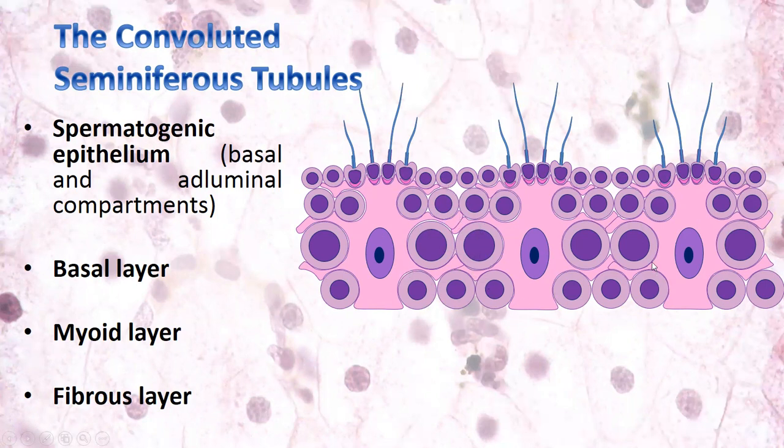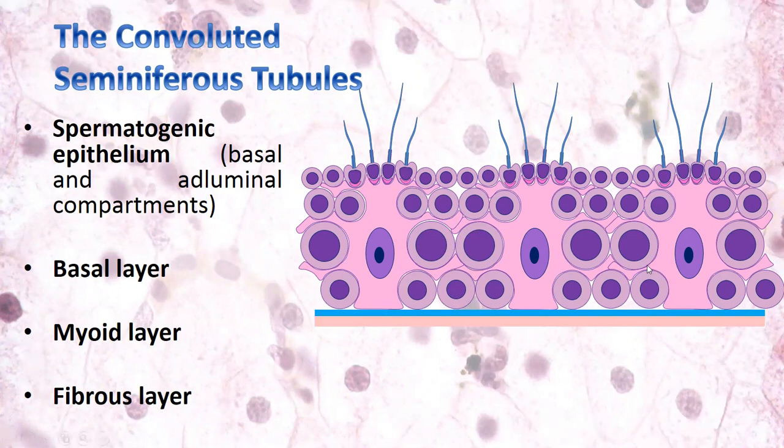It's the innermost layer of the convoluted seminiferous tubule, the specific epithelial lining of the seminiferous tubules. Under it, there is a basal layer, which includes the basal membrane and a thin layer of fibrous connective tissue.